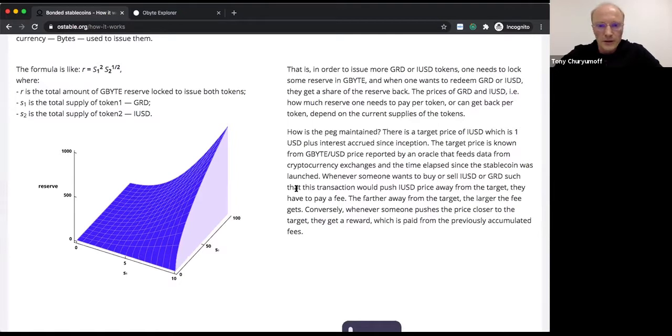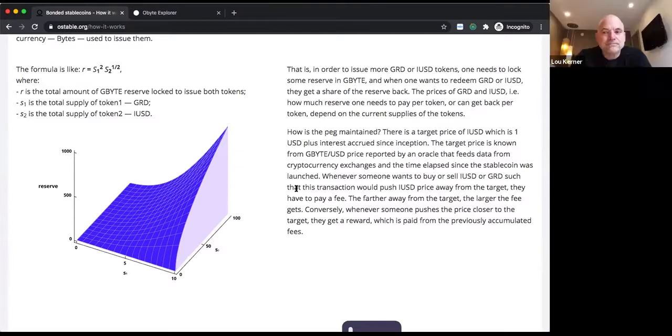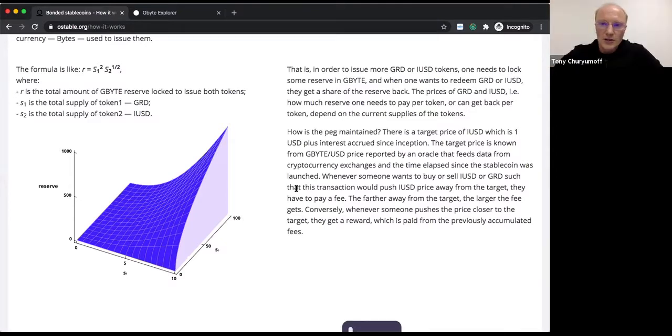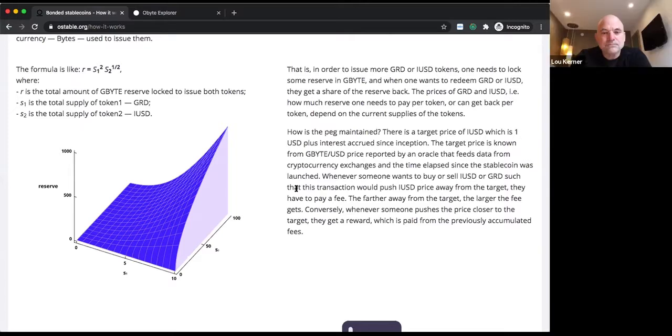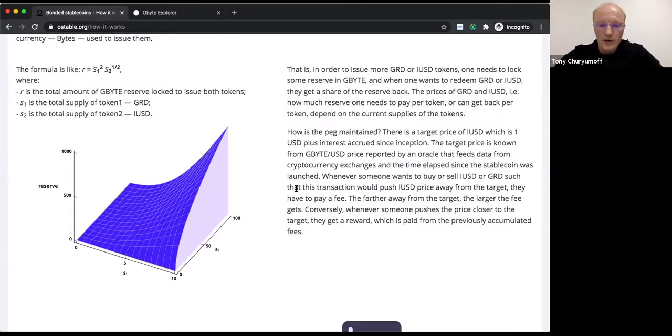So this fee and reward incentivizes traders to only do those trades that change the price to the peg, and it rewards them for those actions, and punishes them for the actions that change the price of the stable token, or the token that is supposed to be stable, away from the peg.